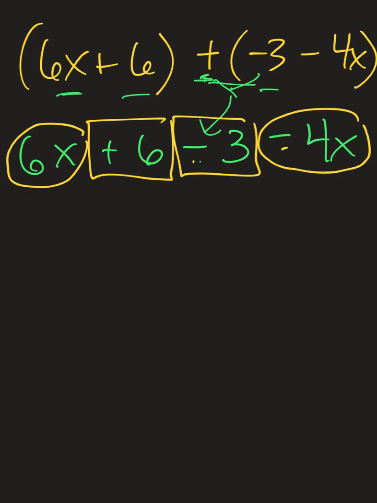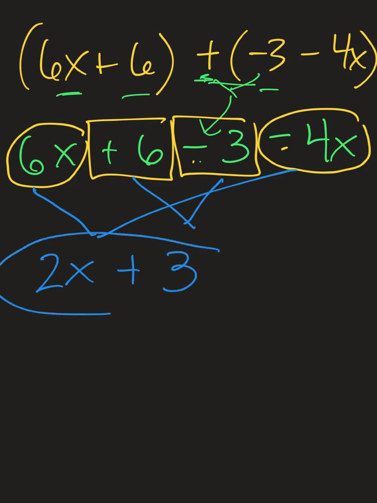I'm going to treat those like negatives when I'm combining my like terms. So I have 6x and -4x, and when I combine those I get 2x. Feel free to use a calculator when you're doing these to at least check your work. And I have +6 minus 3, or +6 plus -3, and I get +3. I cannot do any more than this because this 2x and 3 are not like terms, so this is my final answer.